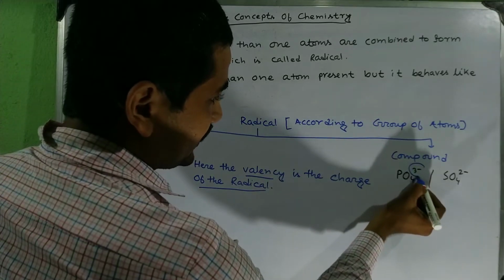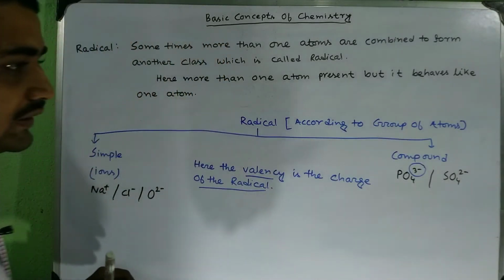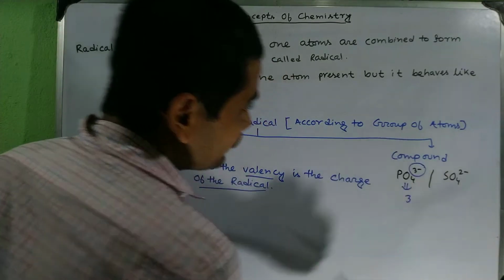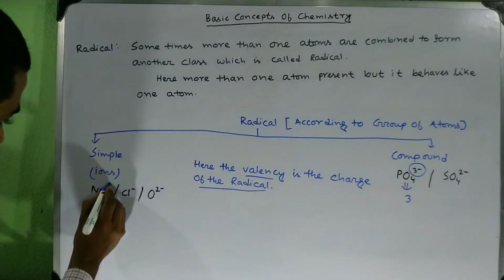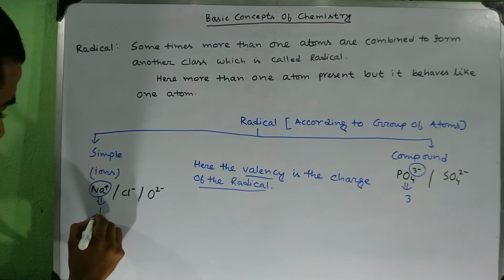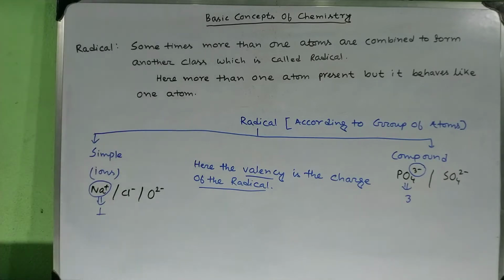Look here, this is the charge of that particular radical. That's why the valency of this radical becomes 3. Here the valency of that radical becomes what? 1. Is it clear or not?